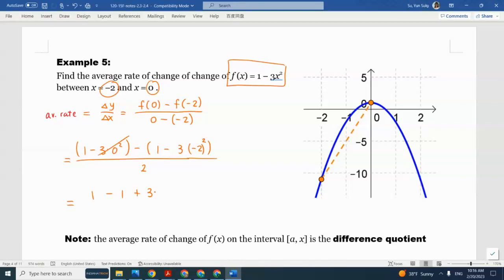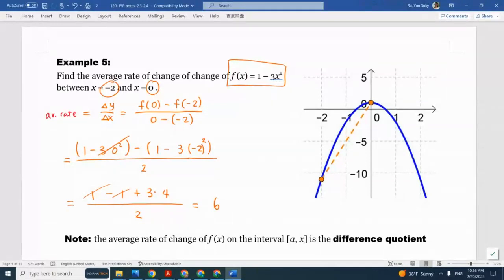Not negative 4. Right, everybody? So 4 all over 2. What happened? Yeah, 1 cancel. 3 times 4 is 12 over 2? 6. So the average rate of change is 6.